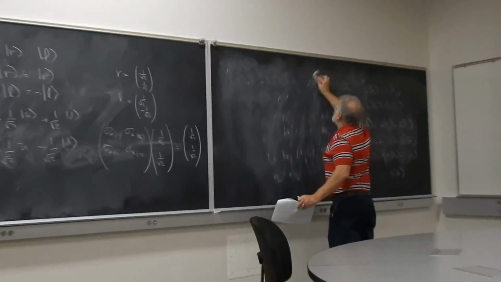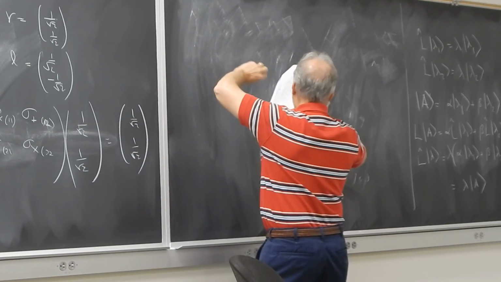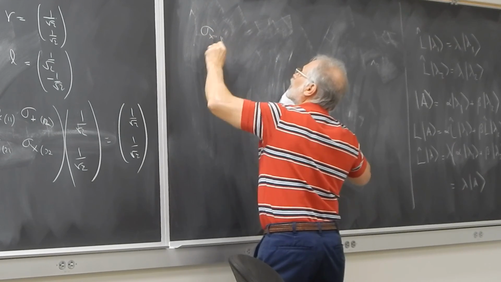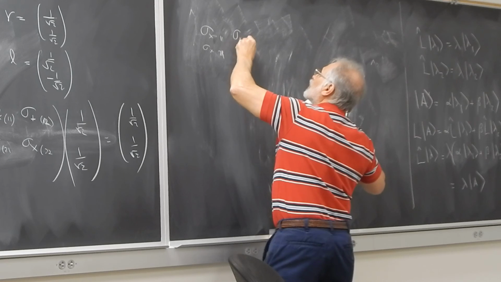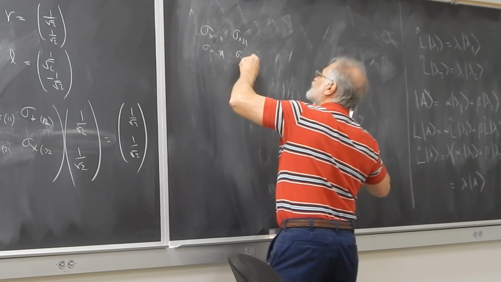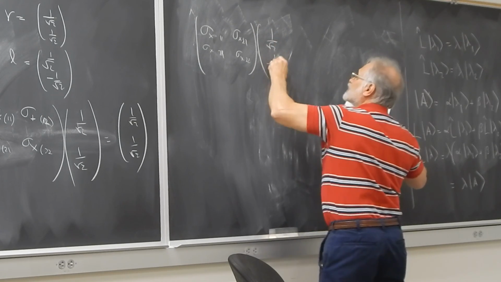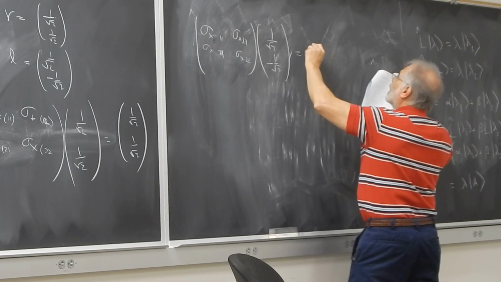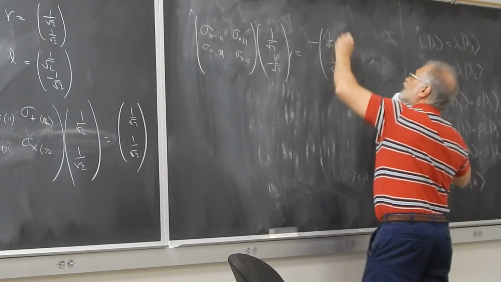For the L case, it's got to be that sigma x 1,1, sigma x 2,1, sigma x 1,2, sigma x 2,2, multiplying (1/√2, -1/√2), must be equal to minus (1/√2, -1/√2).